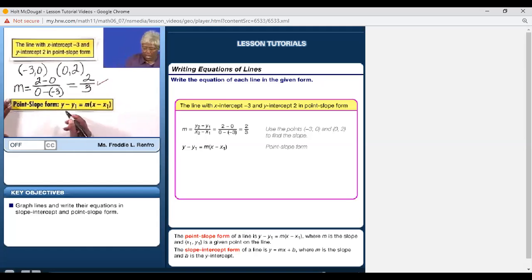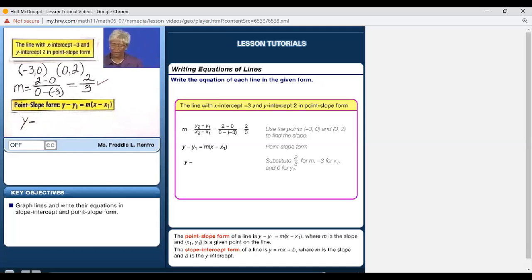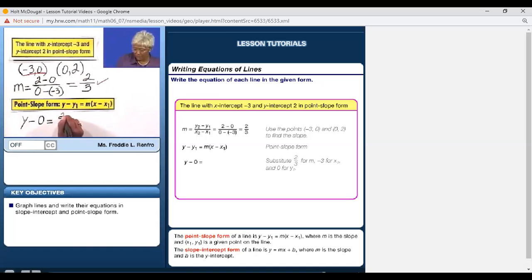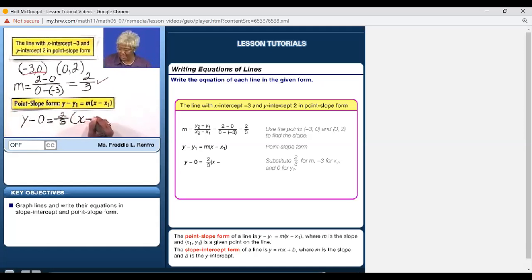We're going to get y minus, let's use this ordered pair right here. I'll use this one. Y sub 1 is 0, equals our slope 2/3 times x minus negative 3.